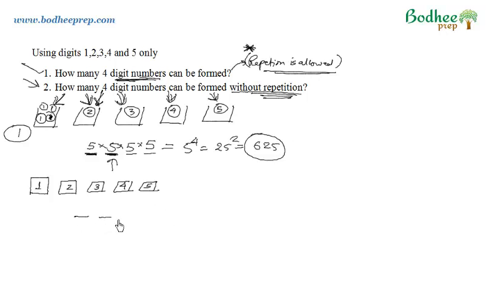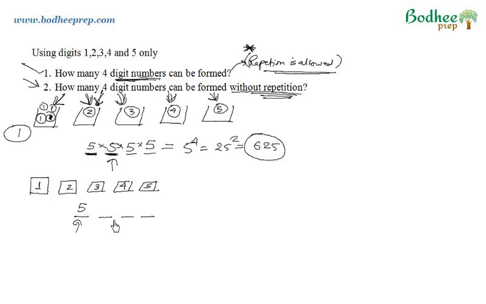Again we have to make a 4-digit number. For the first place, you have all 5 options available, but every time you will pick exactly one cardboard. So the option is 5.